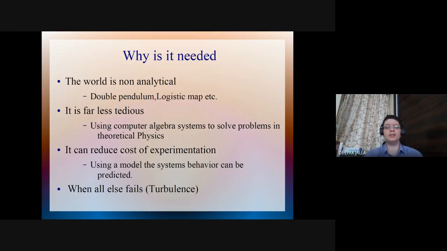It can also reduce costs of experimentation. Now, what do you mean by cost of experimentation? Suppose I am designing a pressure cooker, right? So what I'm using is steel, and I'm increasing the pressure in the pressure cooker, and I have a safe environment in which I increase the pressure till the pressure cooker or some component of the pressure cooker gives, and then I find a way to reduce that pressure rating.